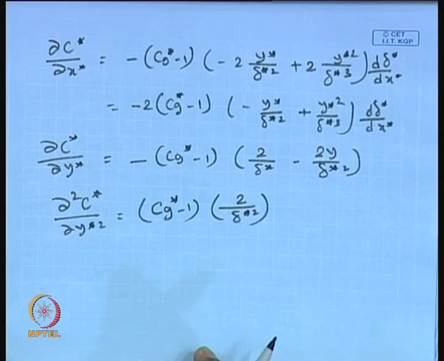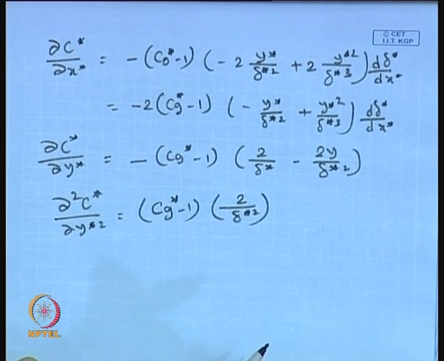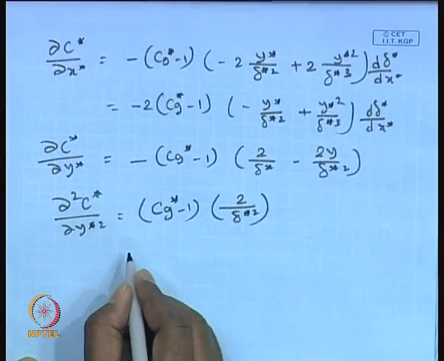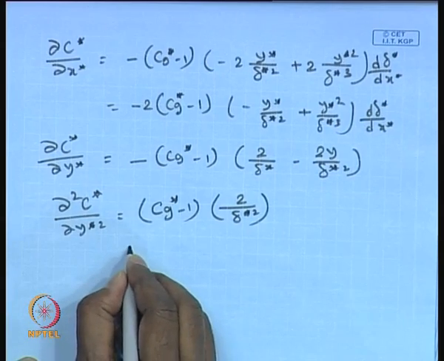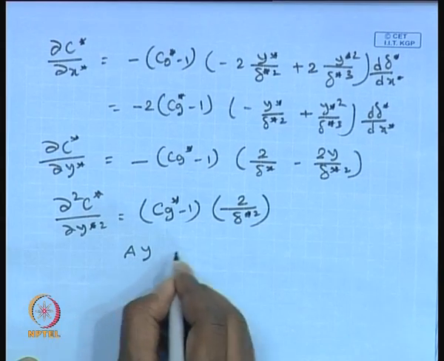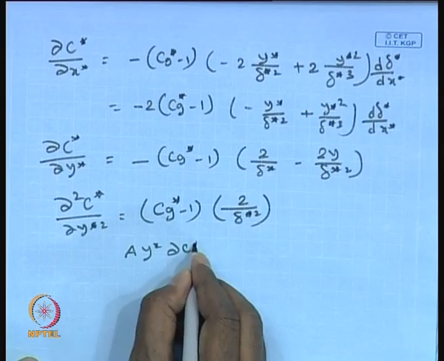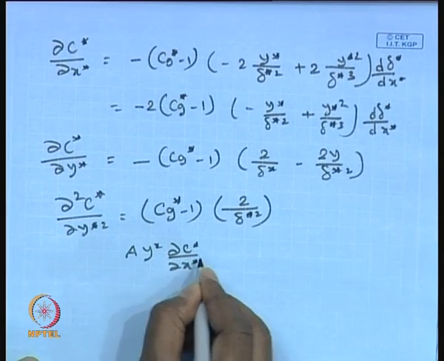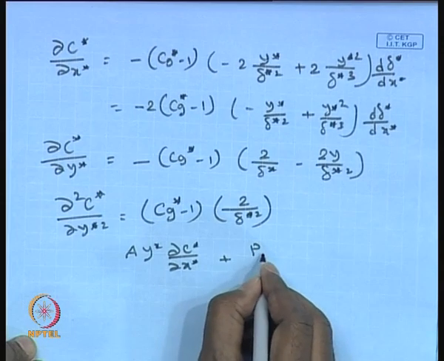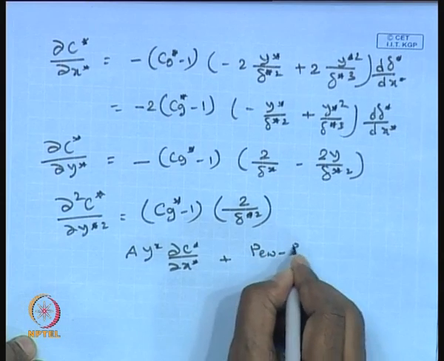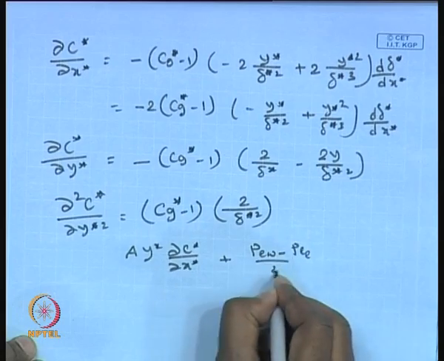So, these are the various derivatives that we are going to put in the governing equation. If you remember, it was A y star del C star del x star plus P E w minus P E by 2.